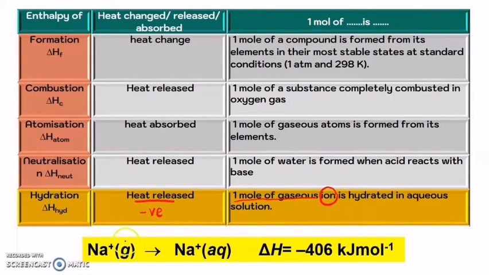The gaseous ion, Na+, is an ion in the gas phase, and it is hydrated in aqueous solution to form Na+ aqueous. So for the hydration, it is from gaseous ion to aqueous ion. This is the one that we call the thermochemical equation for enthalpy of hydration of Na+ gas.